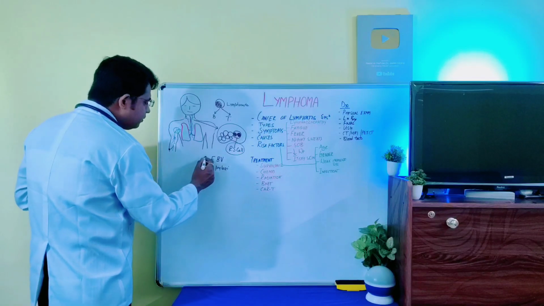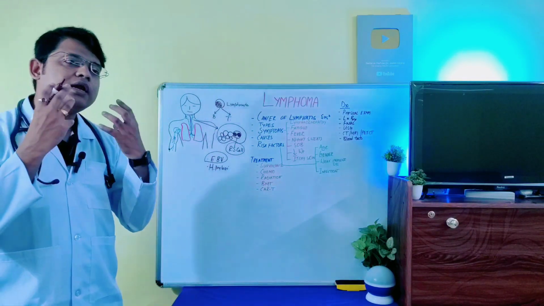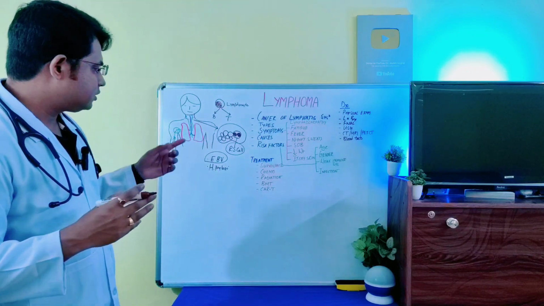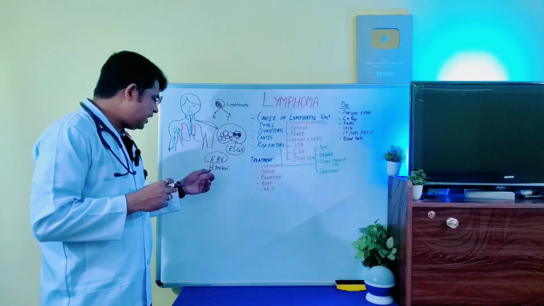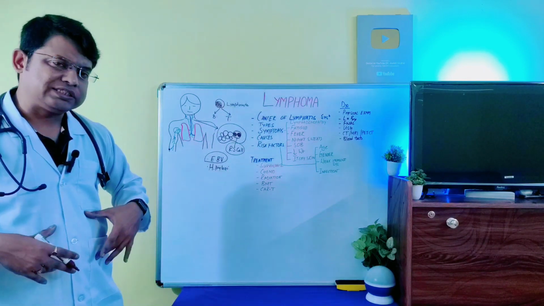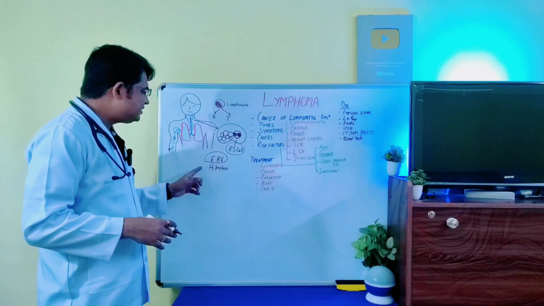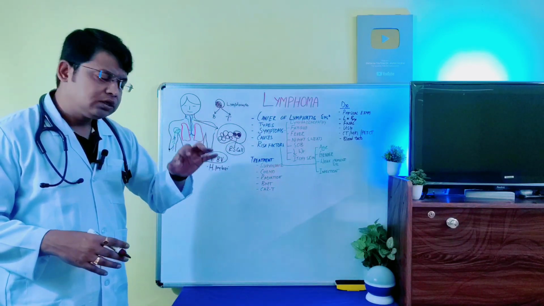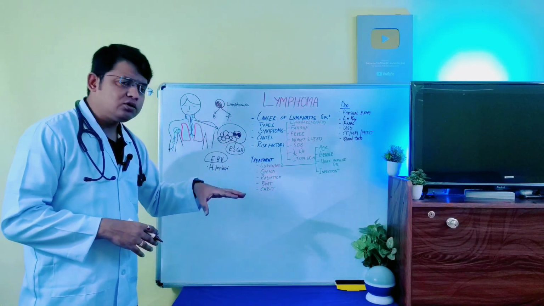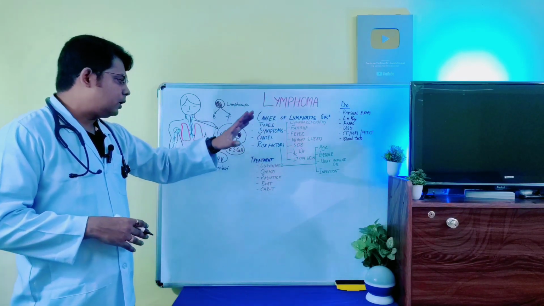EBV sometimes causes a fever with enlarged lymph node like presentation. H. pylori, as we know, is associated with stomach ulcers or duodenal ulcers. So these are the two organisms which are seen to be closely associated with development of lymphoma.